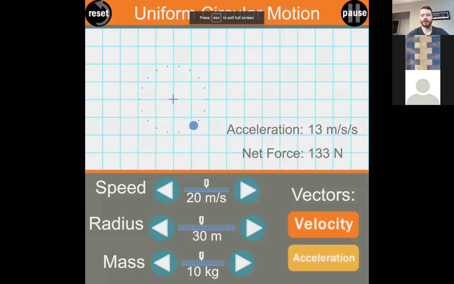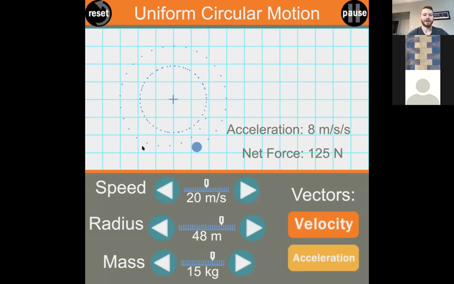So here is the interactive, and with it, we can change the speed of it. And as we change the speed, we'll notice that the acceleration and the net force is changing. We can also influence the size of the radius and the mass of the rotating object. Okay, so here is the interactive itself.